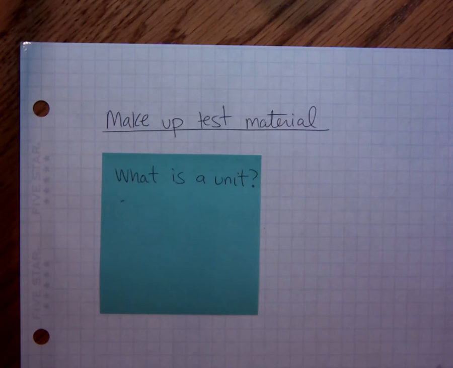We can measure how fast something's going. These are physical measurements that we can make. And in order for us to talk with other people about the things that we've measured, we have defined standard units.